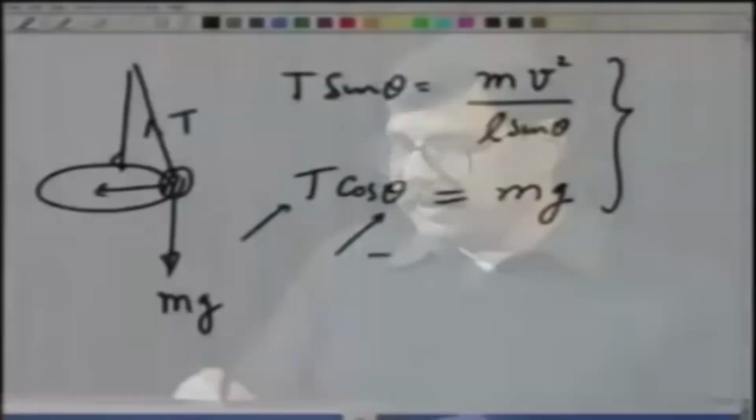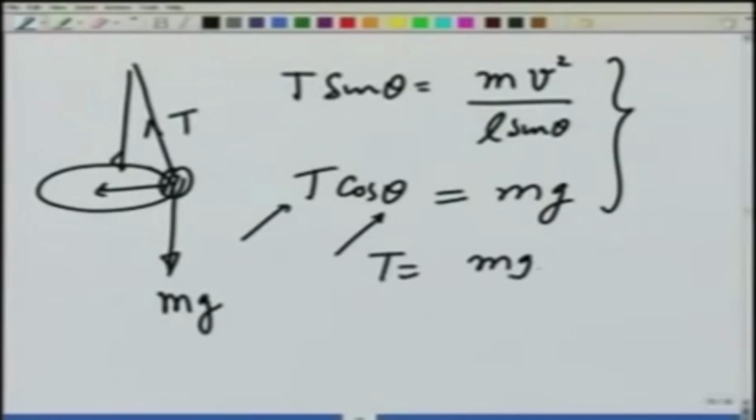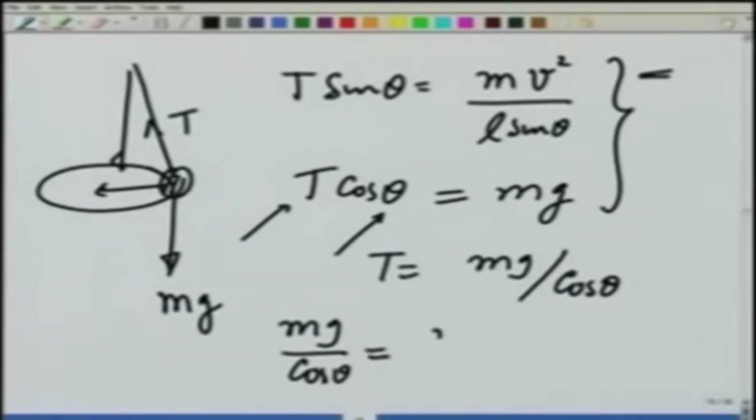So, from here I get T equals mg over cosine theta, and when we substitute it in this equation, we get mg over cosine theta equals m v square over L sine theta, and there was a sine theta here also.